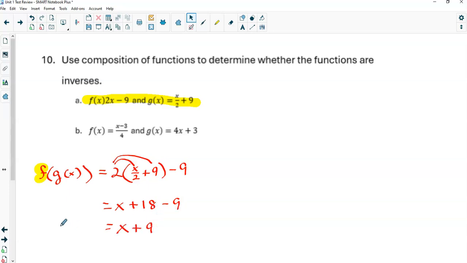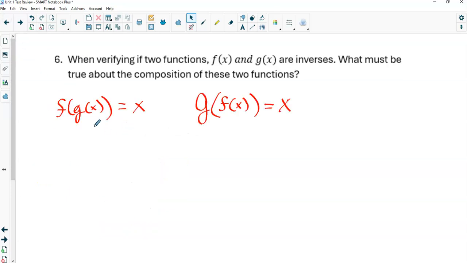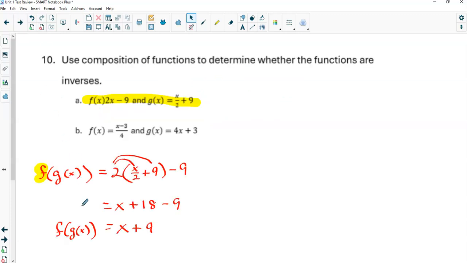So this is f of g of x equals x plus 9. Remember, we said before that in order for them to be inverses, f of g of x would have to equal x. In this case, f of g of x is x plus 9. So we have to say these two right here, they are not inverses. Now, let's check the other one.